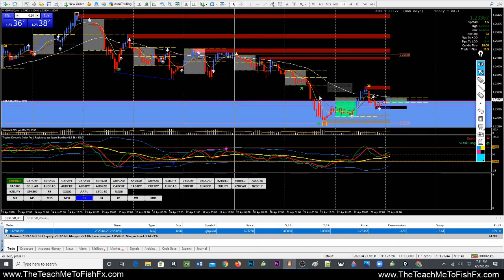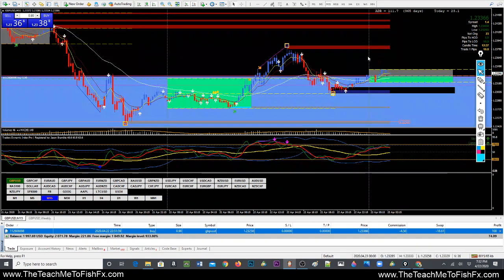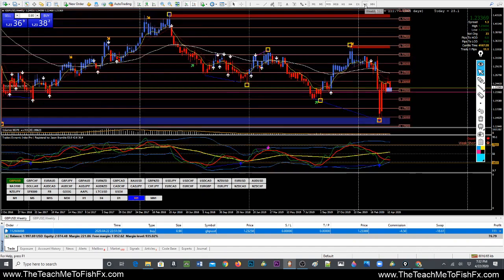Again, I suspect the reversal if you're trading this on the lower time frames. However, on the higher time frames, I am expecting this to continue up to the upside for a little ways. And so again, I'm going to manage this trade and do my best to manage it to the point to where I can catch up with my higher time frame analysis.